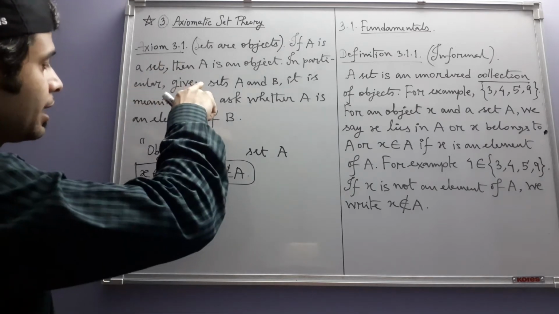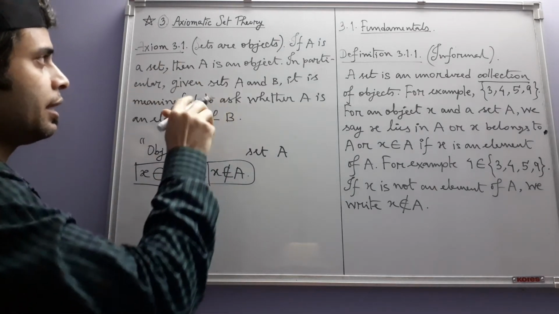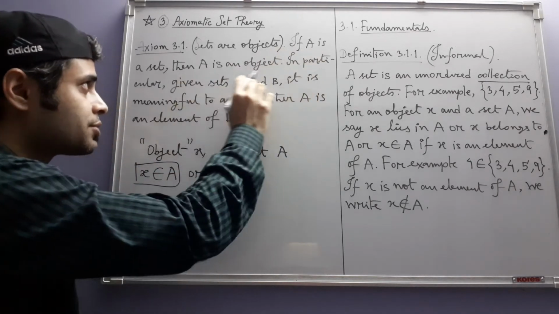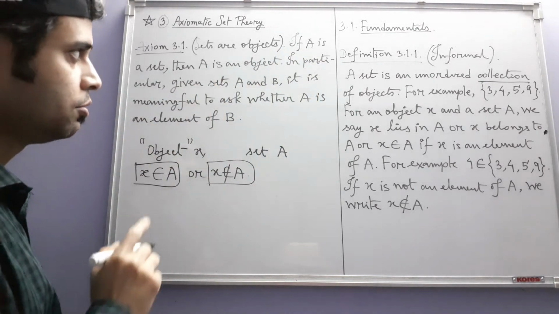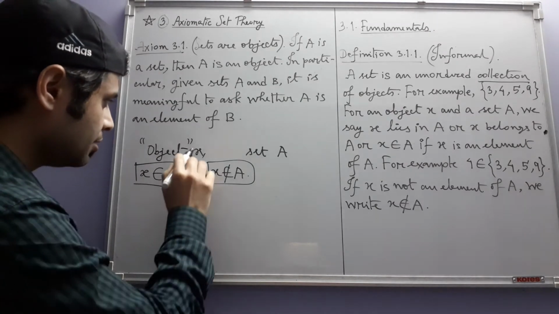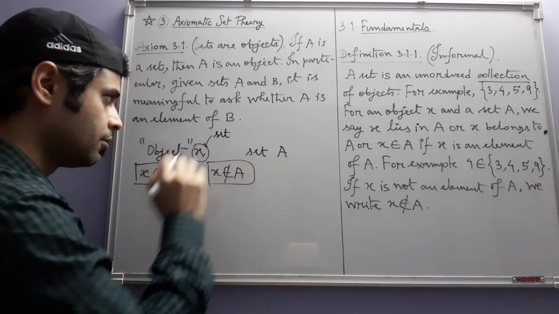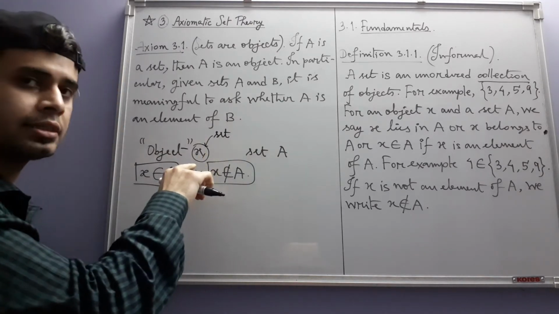Now this axiom in particular postulates that sets themselves are considered as objects, which means that if this X turns out to be a set after all, then I can consider it as an object.